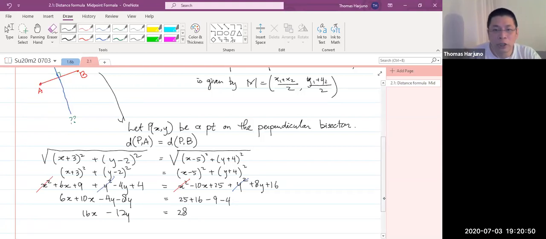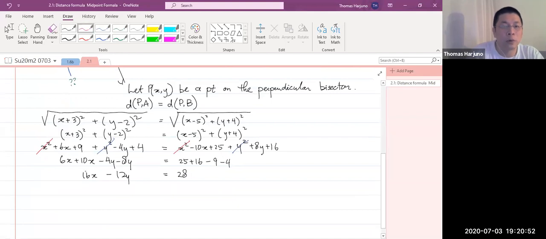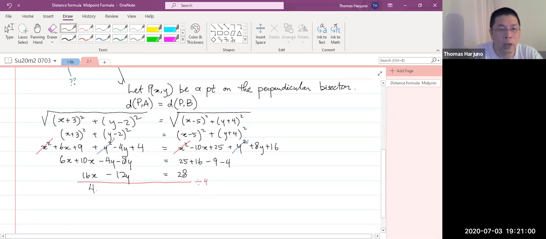Oh, by the way, each term is a multiple of 4. So let me divide by 4 to simplify that. So I get 4x minus 3y equals 7. So the equation of that line is given by this.